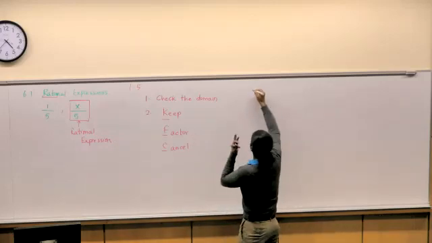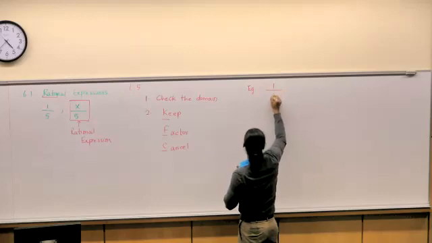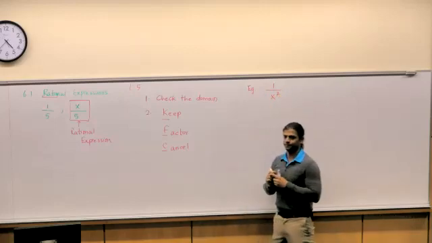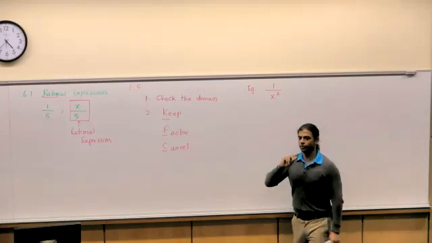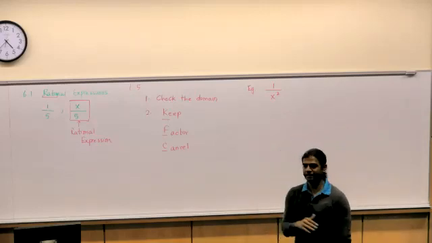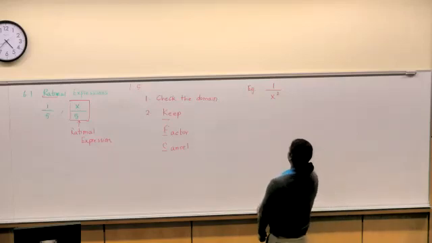But if, for example, you had 1/x², can you plug in any real number in 1/x²? Or is there a number that we have to exclude? What do we do with 0?